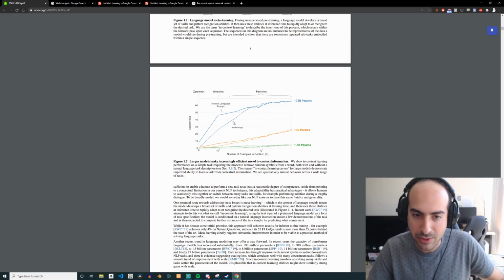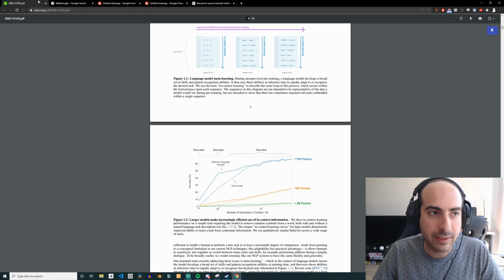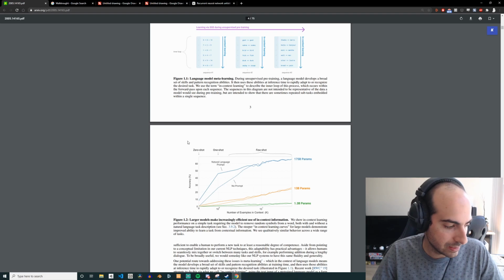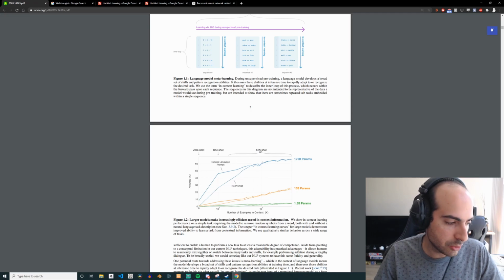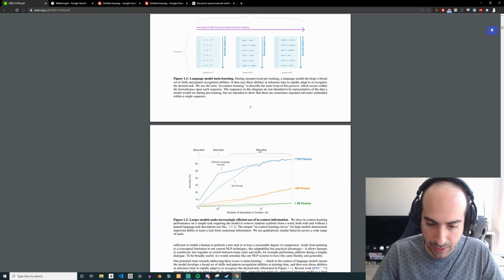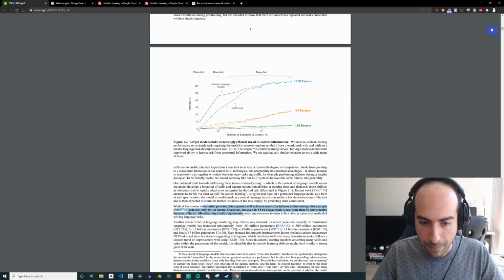So I'll describe the difference between all these. 0 shot would be you come in and tell a model, I want you to translate in the style of Elvis Presley without showing it any sentences. 1 shot would mean you give it a single example, like here's one example of Elvis Presley talking in one sentence. And few shot means you give it a couple, so it's sort of a small data set. But even though it's a small data set, you're not actually doing any sort of retraining with something like stochastic gradient descent.